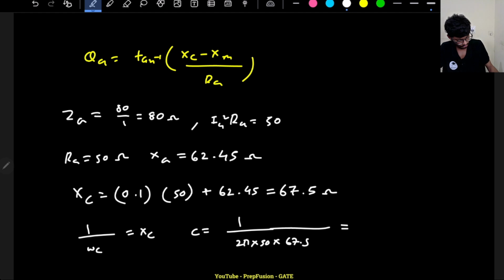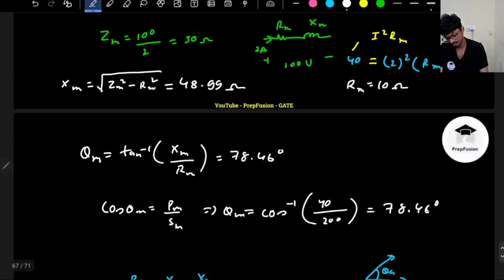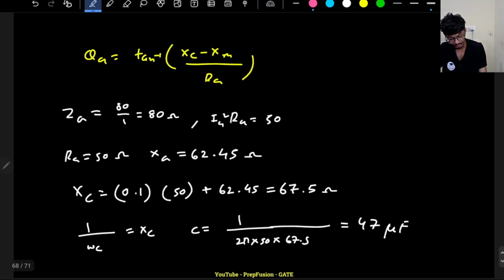So this is actually 47 microfarad. Okay, so the first answer is 47 microfarad. So this much capacitance I have to connect to get the maximum starting torque.